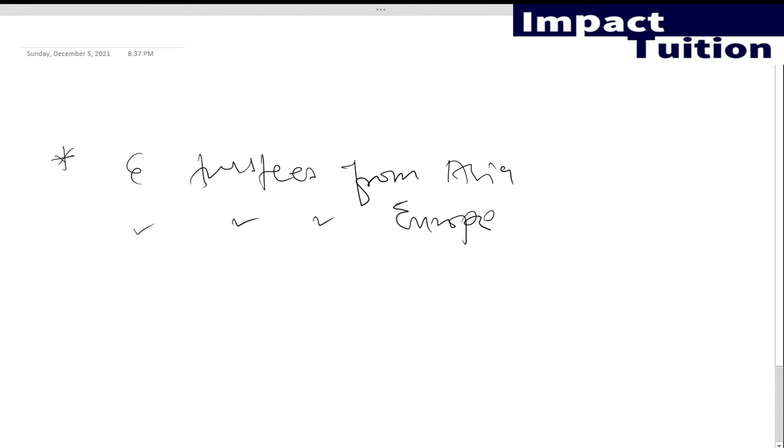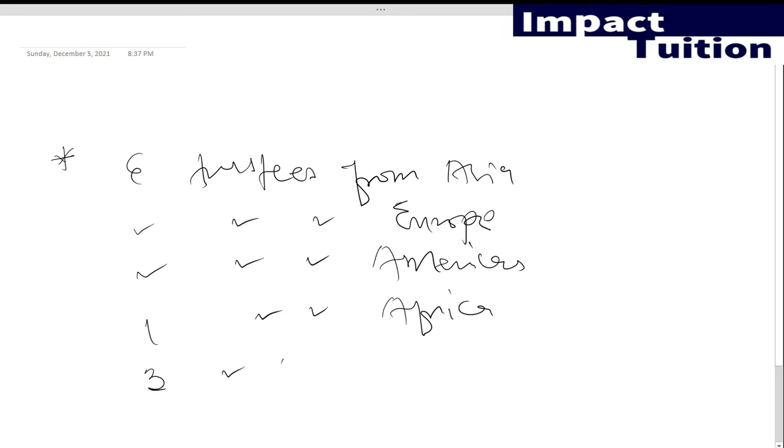The IFRS Foundation is made up of 6 trustees from Asia, 6 trustees from Europe, 6 trustees from the Americas, 1 trustee from Africa, and then 3 trustees to be appointed from any area.